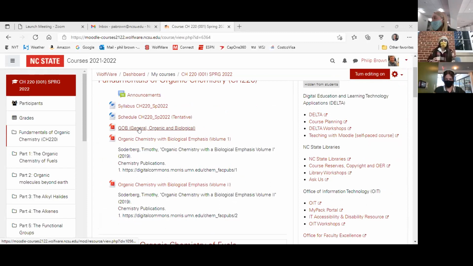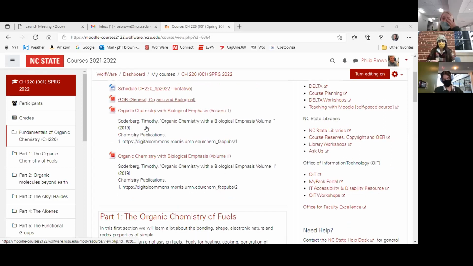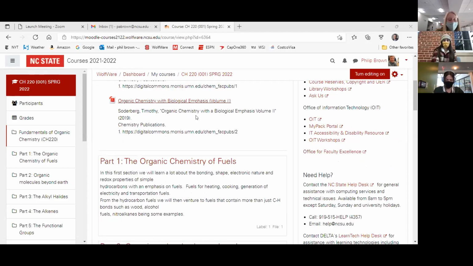If it's been a while since you've had general chemistry, this is a nice resource. These next two, organic with biological emphasis, volume 1 and 2, are a much more intricate book, and it's designed mainly for a full semester organic class. So don't worry about these two. All three of these books are for reference. The lectures are your main source of information, as we'll see as we go along. So keep that in mind.